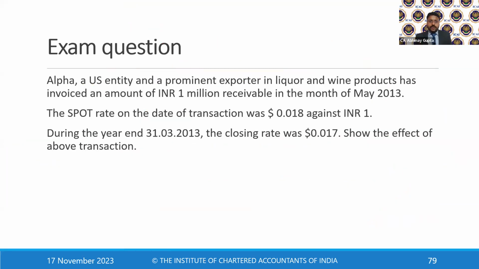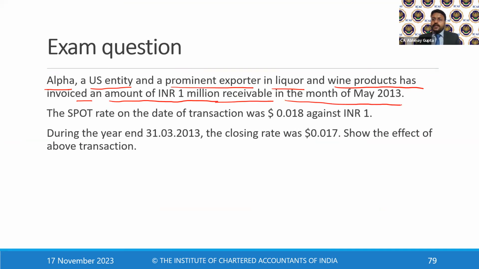Okay, this is one of the exam questions. Alpha, a US entity and a prominent exporter in the liquor and wine products, has invoiced an amount of INR 1 million receivable in the month of May 2013.